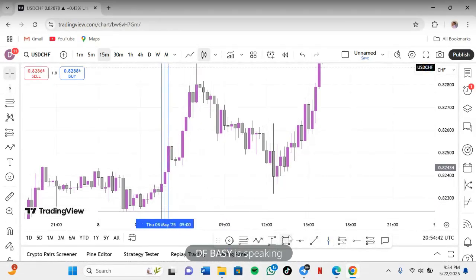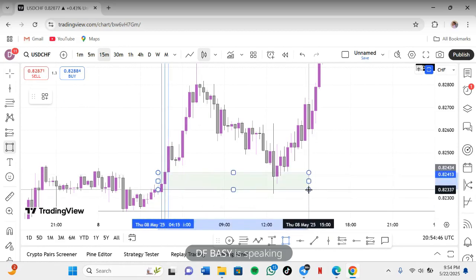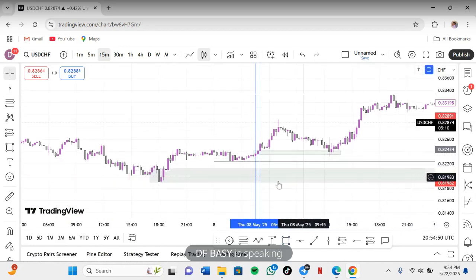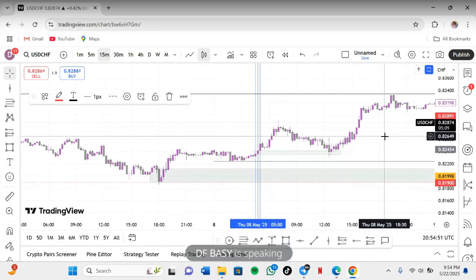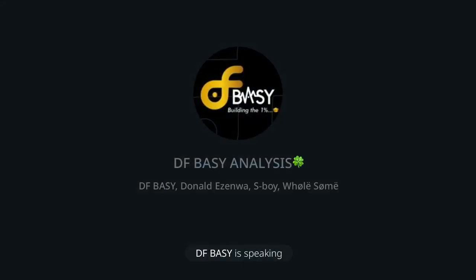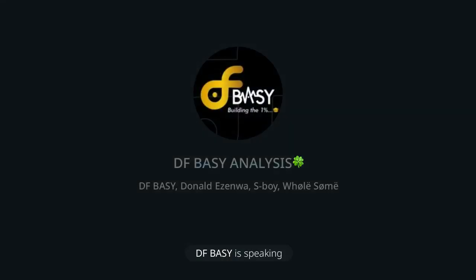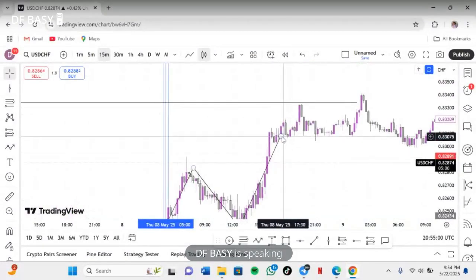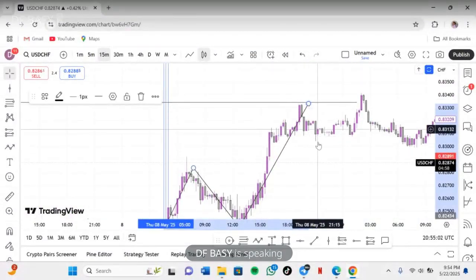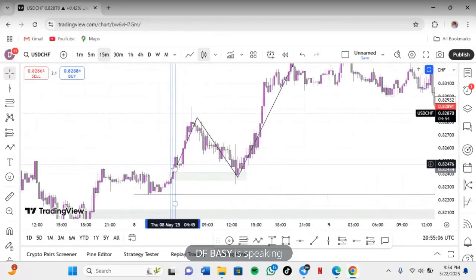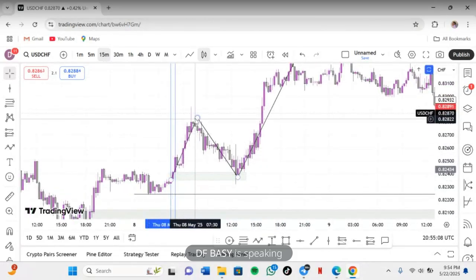And when the market came back, it came back to fill the imbalance at the middle candle. Then from there, the market went all the way to the top. So this is three white soldiers. It came back to test it, and the next thing, boom, the market went to the upside and broke structure before descending. So that's an example of the three white soldiers.